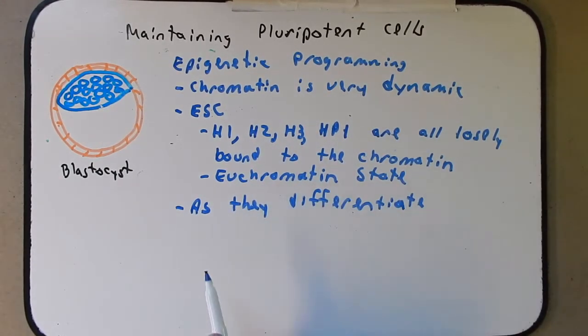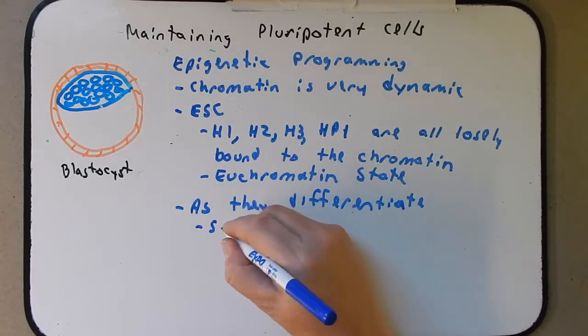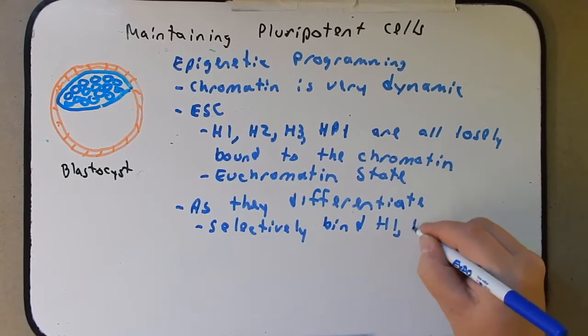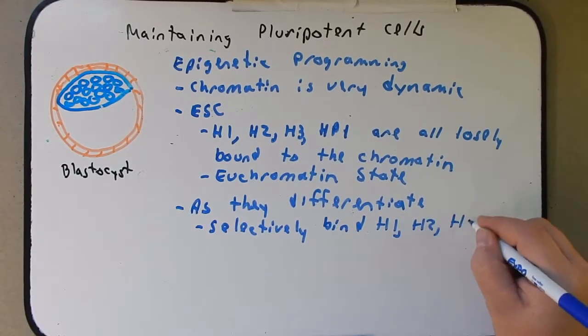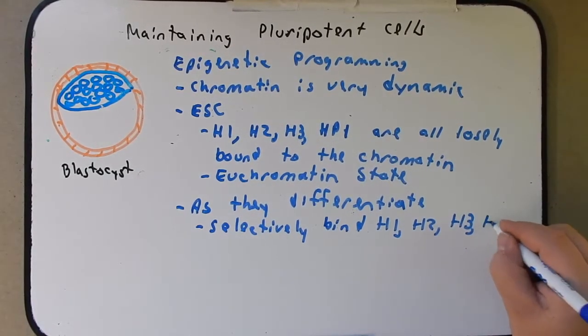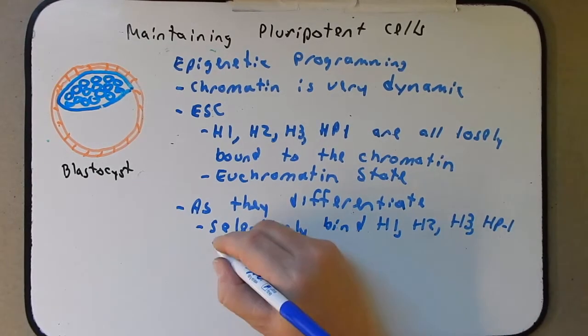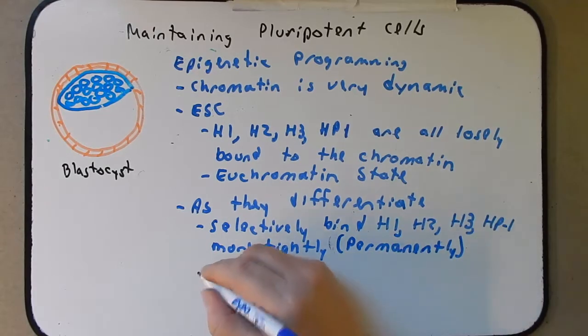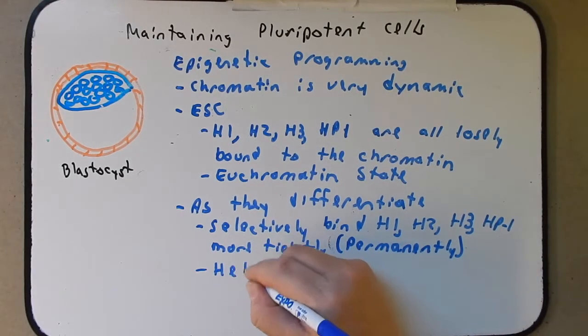As they differentiate, they will take that blank slate and selectively bind H1, H2, H3, and HP1 more tightly and more permanently as well. That is, they are setting the heterochromatin.